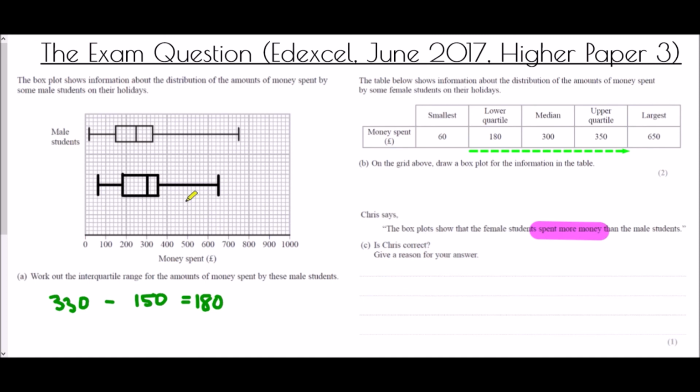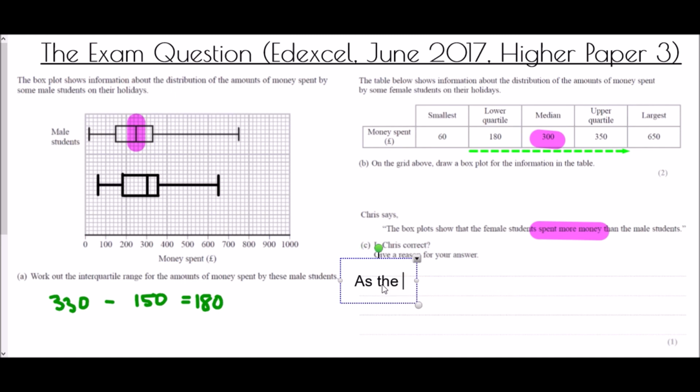And in this case, the male median is here. And the male median, if we read that value, is at about 250. The female median, well, we know, was 300. And so if I'm going to give an answer to this, then I will be saying that Chris is correct. The females do seem to spend more money than the males.